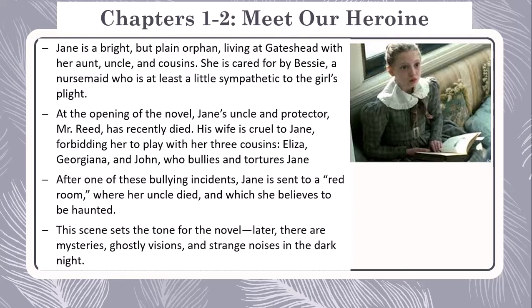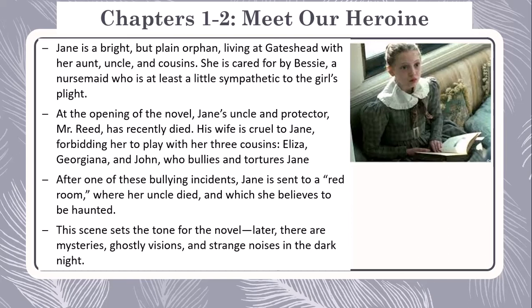The scene of the Red Room is not that long, but a lot of scholars talk about it at length. The reason is that it shows some of the themes of the book that we're going to get into later. There are issues here of gender: she's bullied more because she's a girl, and John is stronger than her.